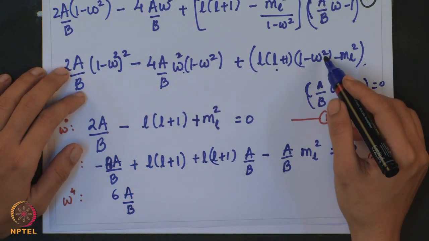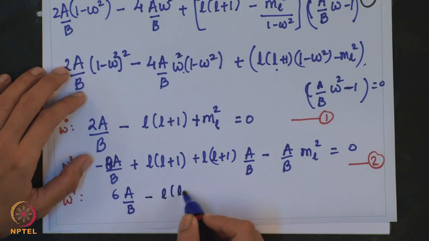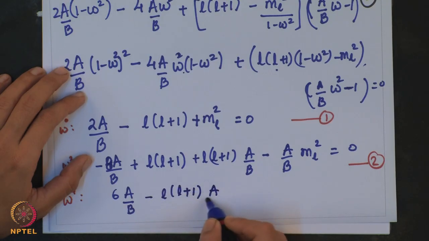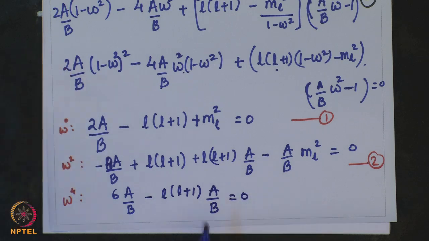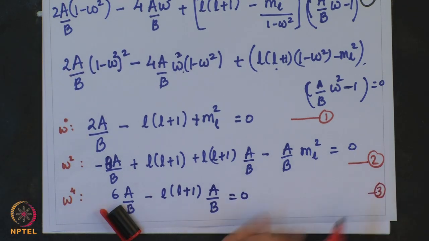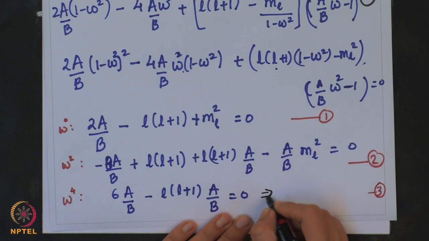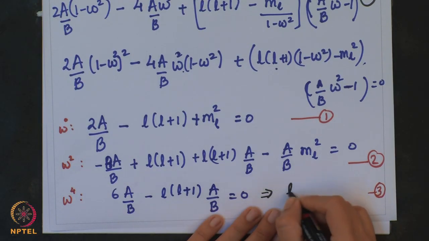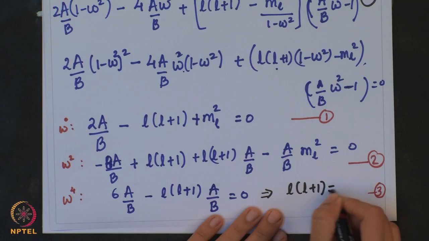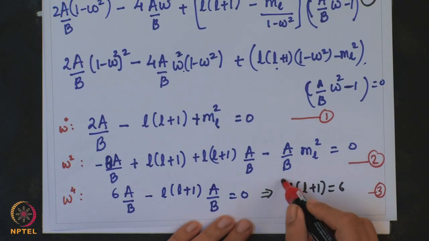Another I will get from here, which is minus L into L plus 1 a by b, equal to 0. So this is the third equation, but what does this imply? This would imply that L into L plus 1 is 6.